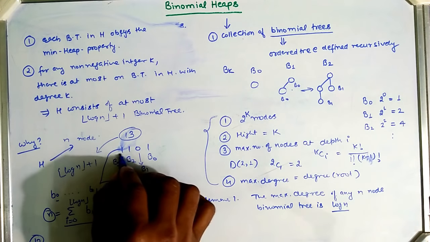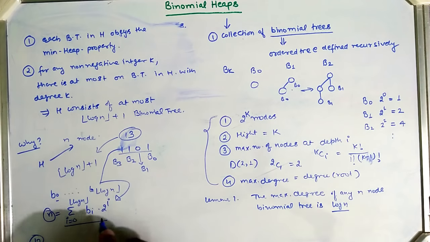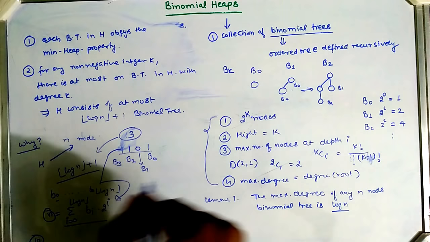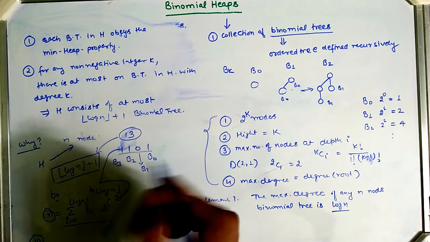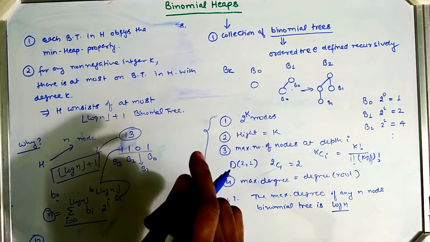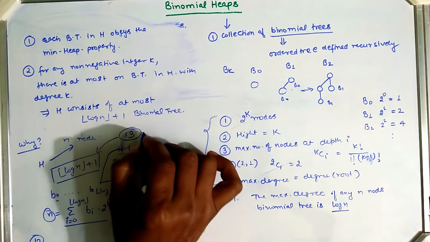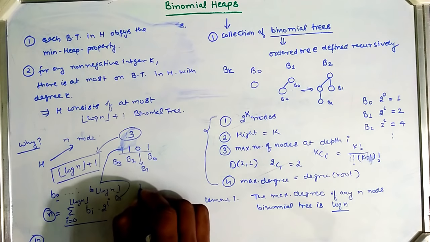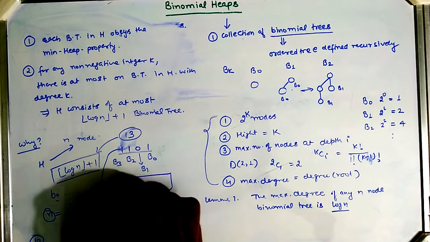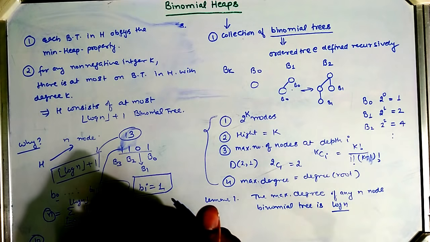By it, an integer can be represented in log n plus 1 bits. Similarly, an n node binomial heap can have at most log n plus 1 binomial trees. To find out which binomial trees are present, represent the number in binary and check where b_i is equal to 1. Those bits where b_i is equal to 1 will be included in the binomial heap.